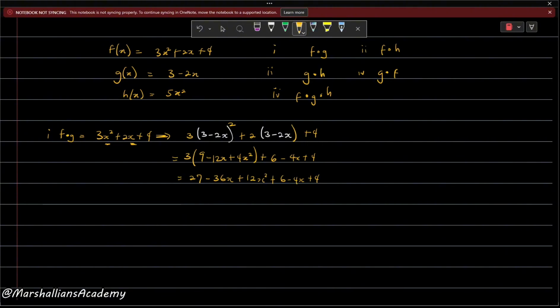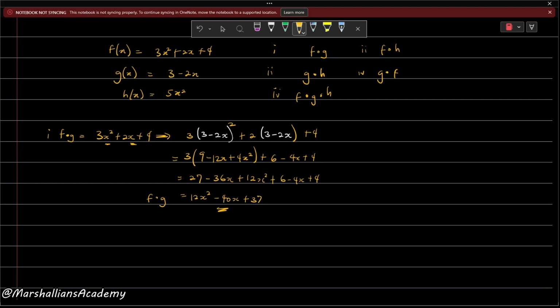You could collect like terms and we could rearrange. And we're going to be having 12x squared, minus 36x minus 4x gives us minus 40x. Are we together? 27 plus 6 is 33, plus 4 is 37. So this is f of g of x. I hope you understand it.